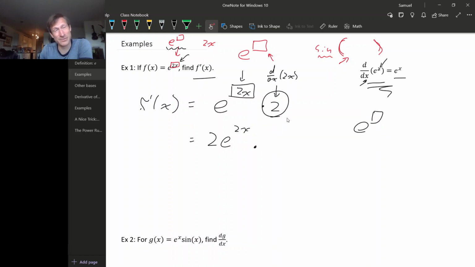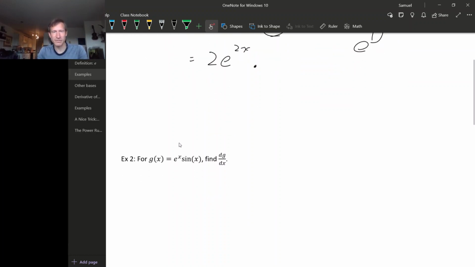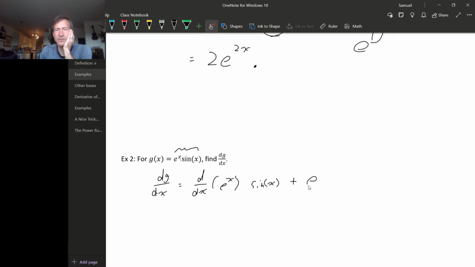All right, for a second example, let's calculate the derivative of this function g, e to the x times sine of x. Well, this is a case for the product rule, right? Since it's e to the x times sine of x, we need to take the derivative of the first piece times the second piece with no derivative, plus the first piece with no derivative times the second piece with the derivative.